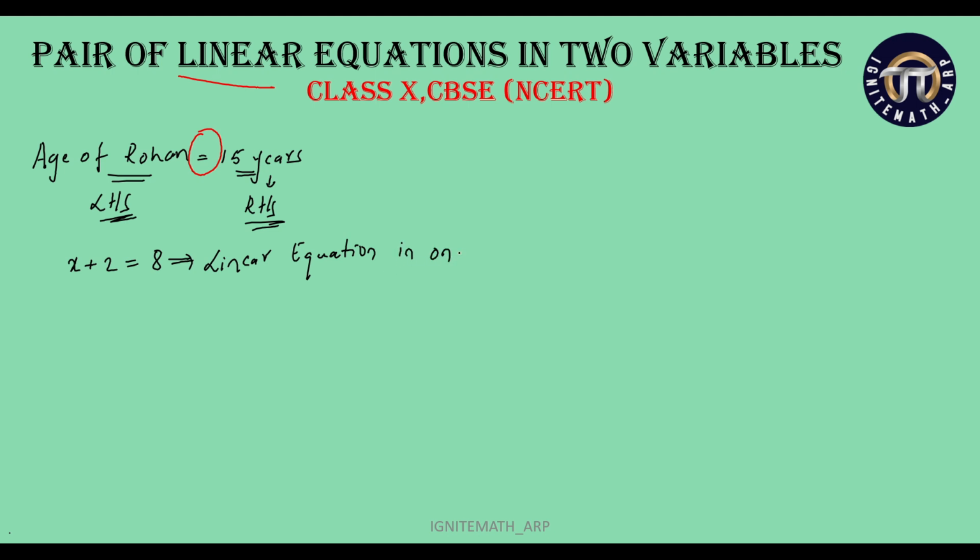Why it is called a linear equation, why it is called in one variable, I'll let you know. Any equation where the degree of the variable is 1, in the sense the highest power of the variable is 1, is called a linear equation. And in one variable, because there is only one variable in it.